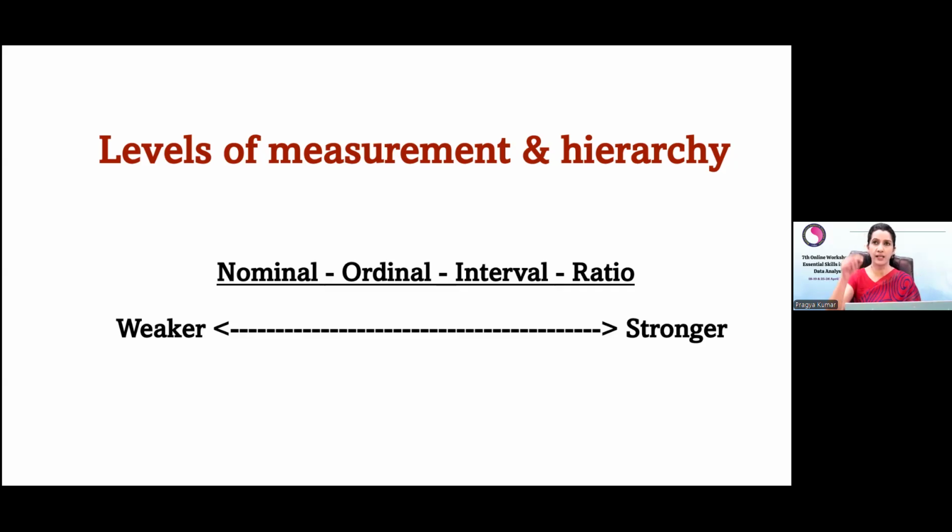So they write age between 20 to 22, 23 to 24, or maybe in 5-year groups. They don't write the real or the absolute age. So we always encourage that, since ratio is the strongest in the hierarchy, if the inherent nature of the variable is that of a scale variable, then you should not collect it as a categorical variable.